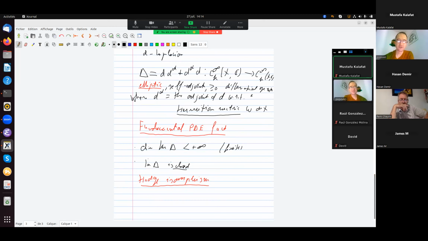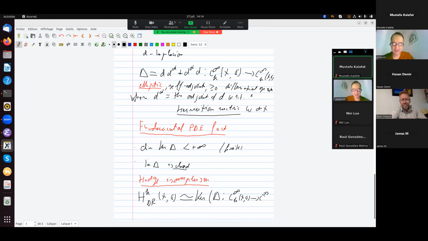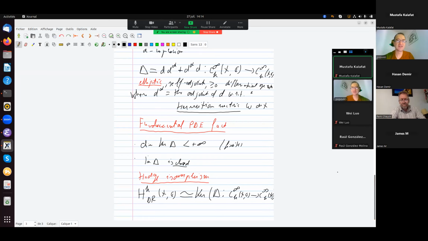The Hodge isomorphism states that the de Rham cohomology space H^k de Rham that we defined is isomorphic to the kernel of this Laplacian, the kernel of delta acting on C infinity k-forms. This kernel is called the harmonic space, or the delta-harmonic space.